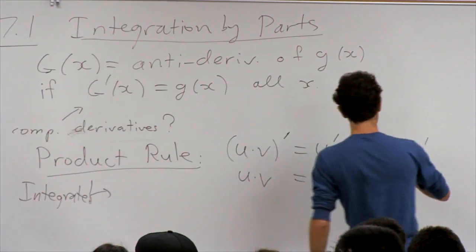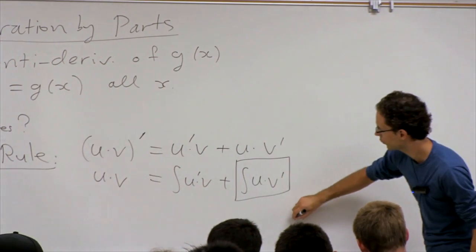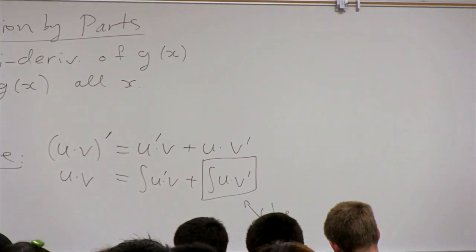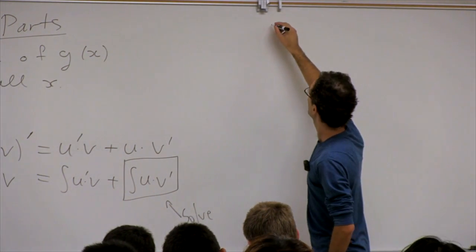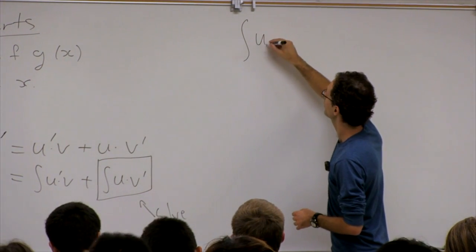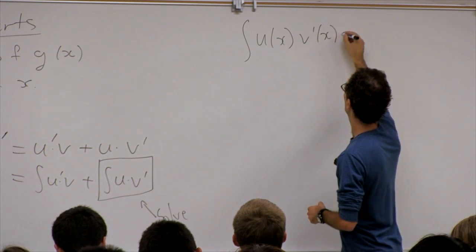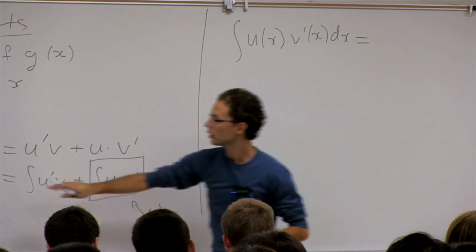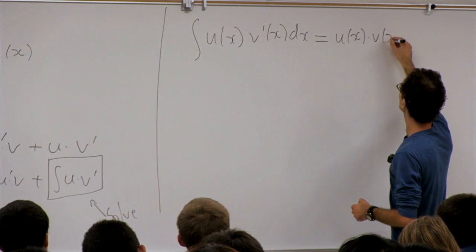What we do is we're just going to solve for one of these antiderivatives. So I'm going to solve for just this one on the left here. We could choose the one on the right if you wanted to. And let me just write what happens when I solve for this. So if I now say u and v depended on the variable x, we would get integral of u of x times v prime of x dx equals, well, let's write this first. We're going to have u of x times v of x.